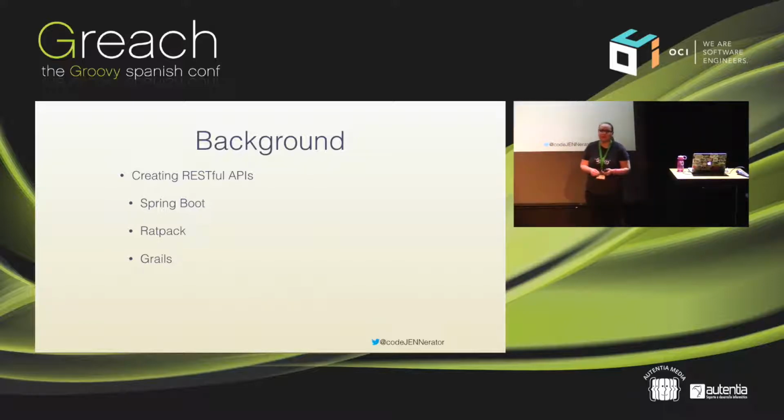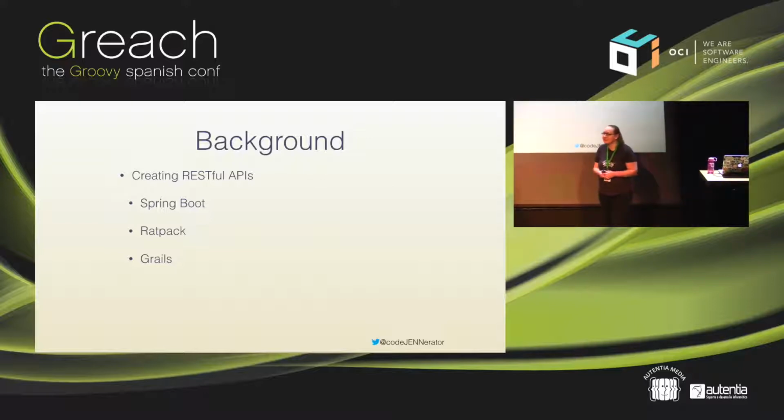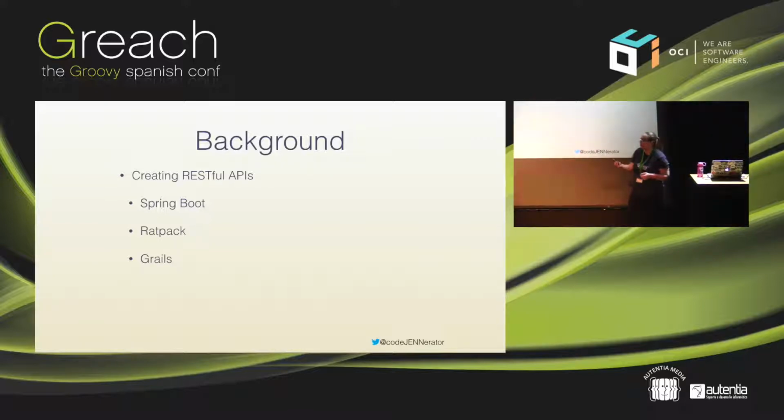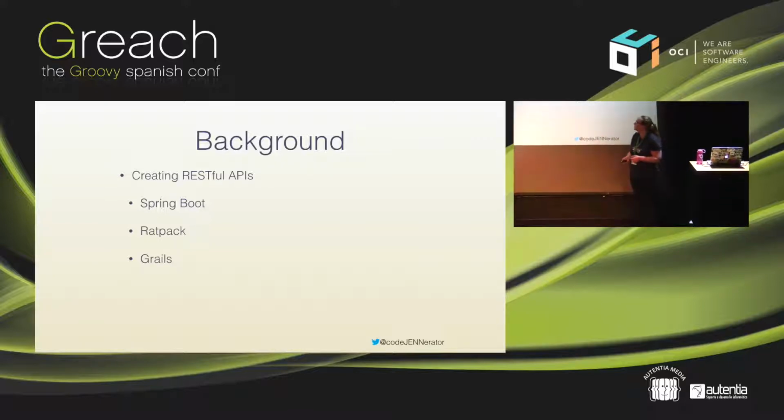Who is familiar with Ratpack? Six. More than my previous talks. Okay, and I imagine that most of you have used Grails? Yeah, okay, almost the entire room now. So these are three different frameworks that we can relate to in creating RESTful APIs in the Groovy community. And some of the examples that I'm going to go through use aspects of each of these.